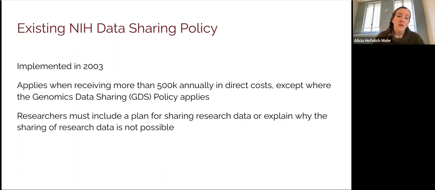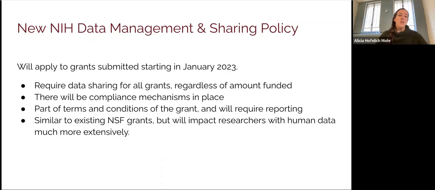And so given progress in both, I think, the culture of data sharing and also the infrastructure for sharing and protecting sensitive data, this kind of reasoning for not sharing is no longer seen as valid for many of the funders and journals. And so as such, NIH has a new data management and sharing policy that's going to come into effect in January of next year.